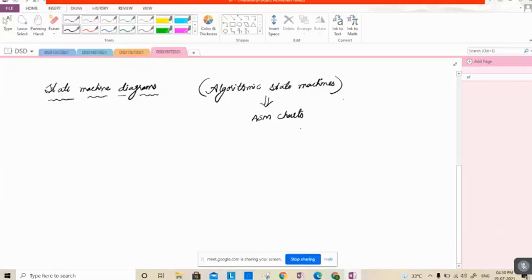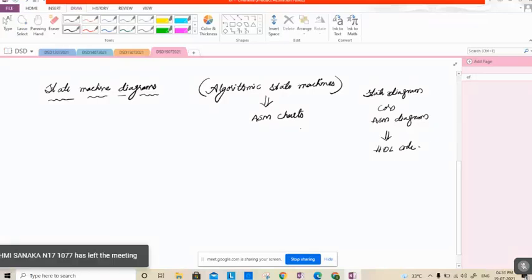So we can draw a state machine, state diagram, or ASM diagram for any of the given problem, from which we can extract HDL code and implement the given problem statement.